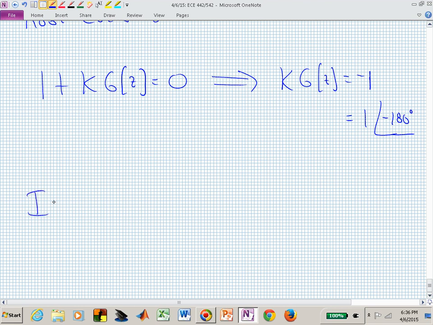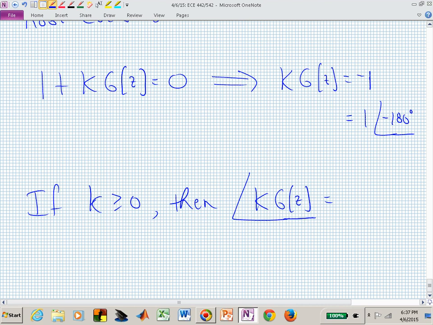Now, we are going to restrict k to being non-negative. If k is greater than or equal to 0, what can you say about the angle of k g of z? If k is non-negative, how does that change the angle of kg of z? Just start thinking of an example.